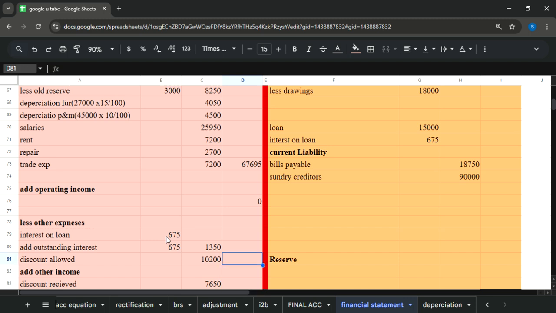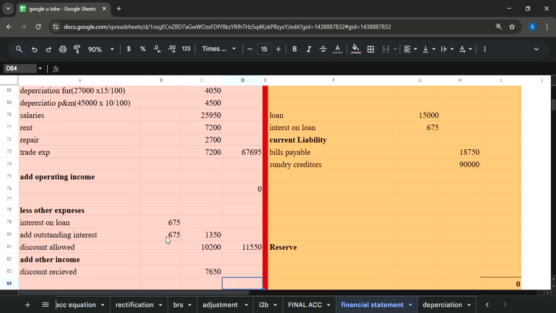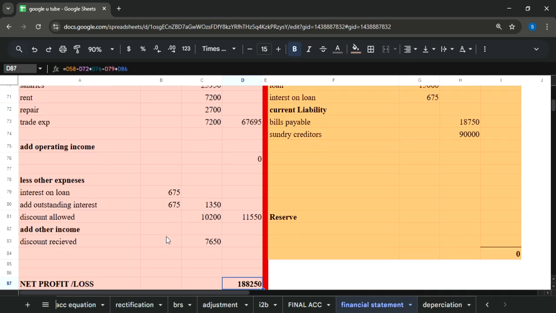There are two other expenses, 10,200 and 1350. So in this way your other expense side is completed. Then we have the other income side, which is 7650. All four elements are completed: operating expenses, operating income, other expenses, other income.